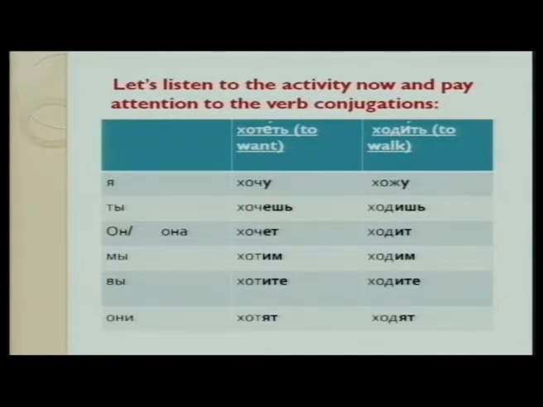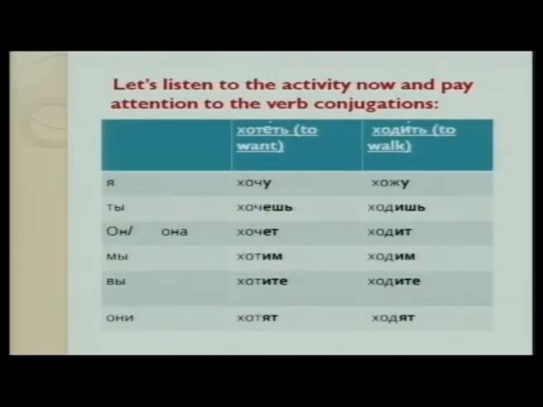Dear learners, if you remember, we have discussed the usage of verbs of motion in Russian. We have different categories of verbs of motion, where we have a verb which shows an incomplete action and a verb which shows a complete action. Accordingly, we have идти and ходить. Идти means to walk or to go on foot, and ходить means to go on foot, but it signifies a complete action.